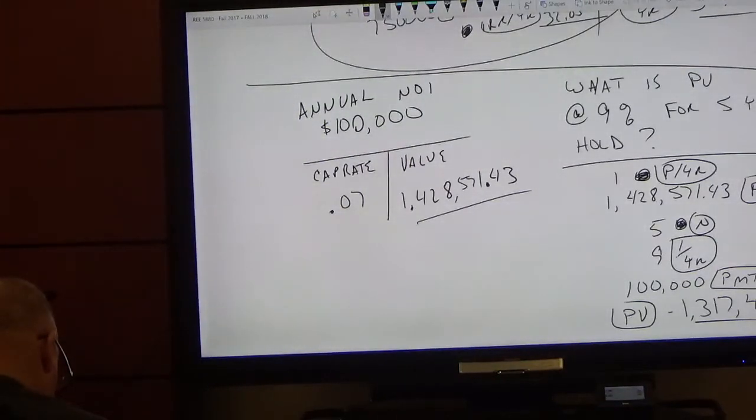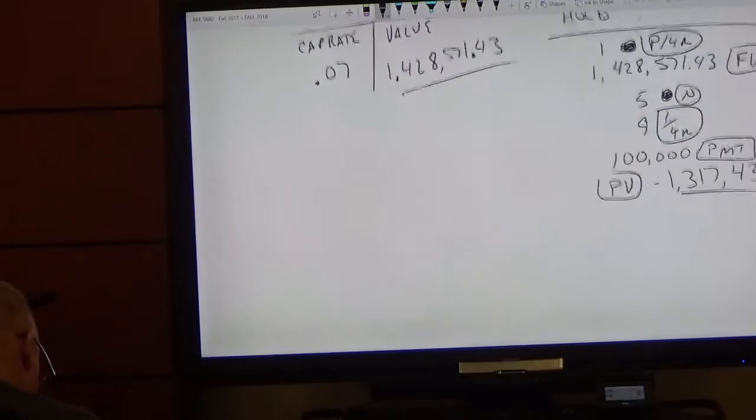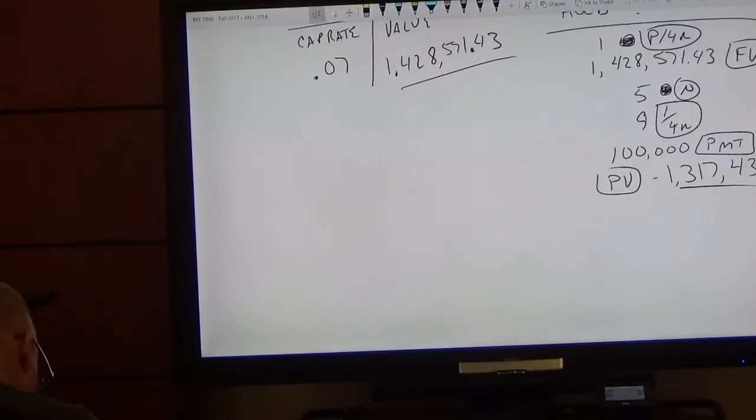Okay, final piece and then quiz time. So what if the rent or the income were to go down by 10%? What impact would that have? Okay, so that means the rent goes down by 10%. So let's just say it goes down to 90,000.